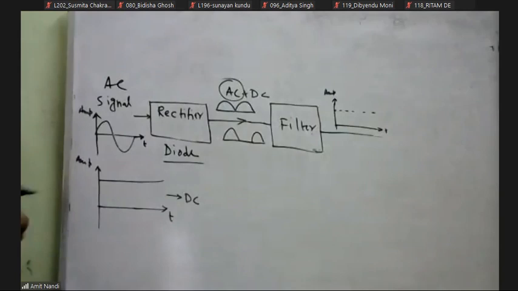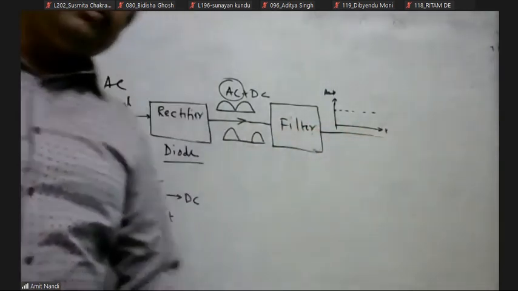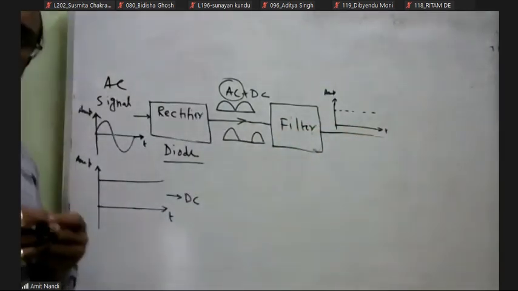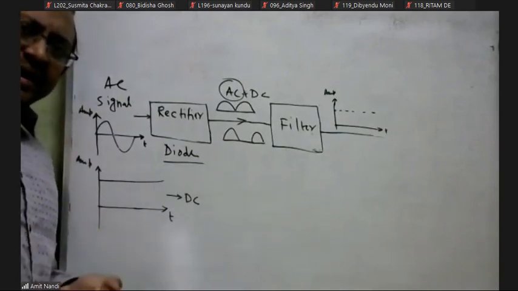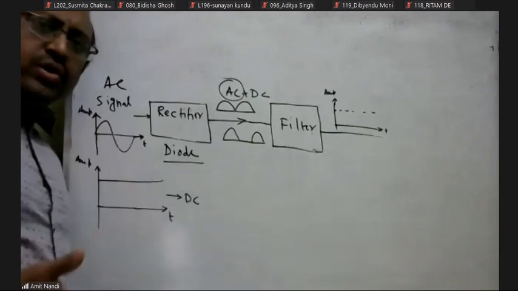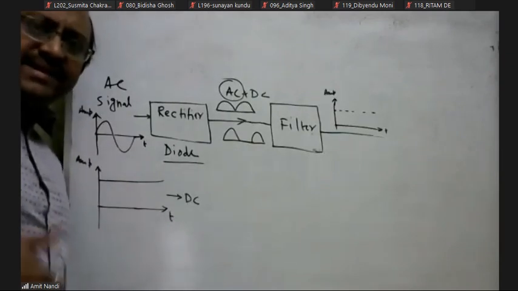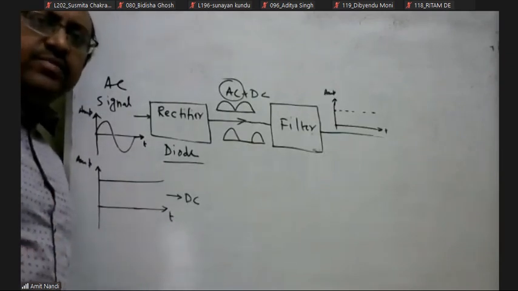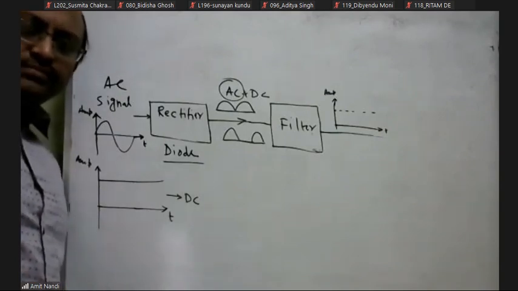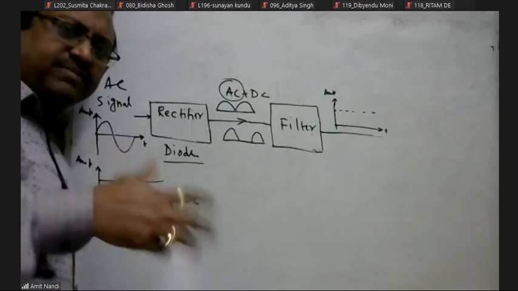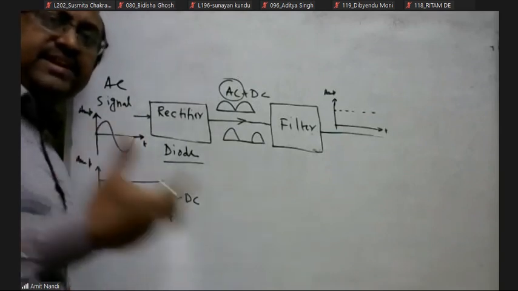But after that, in this circuit, if we connect a load, then that load is changeable. Sometimes we can connect a 50 ohm load. Sometimes instead of this 50 ohm load, we can connect some reactance.